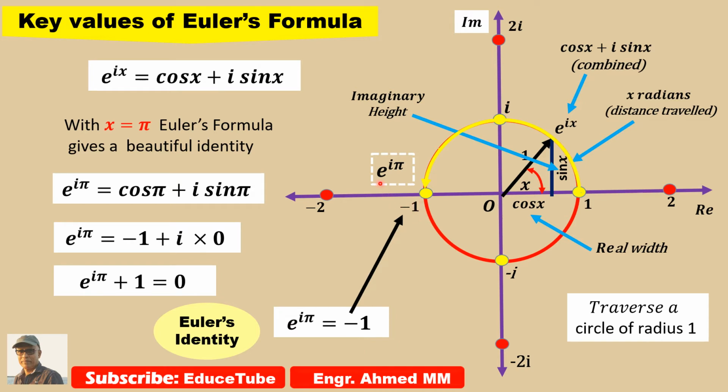So what e^(iπ) means is starting at 1, rotating π halfway around the circle to get to -1. See here, -1. So this is very important to understand.